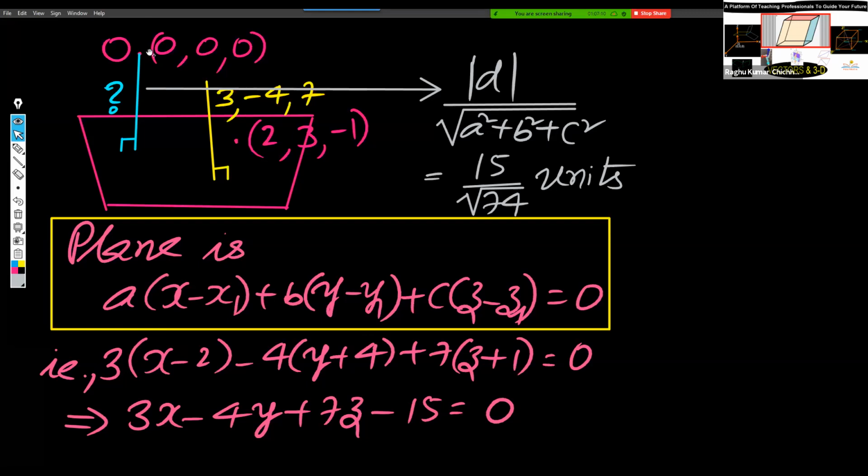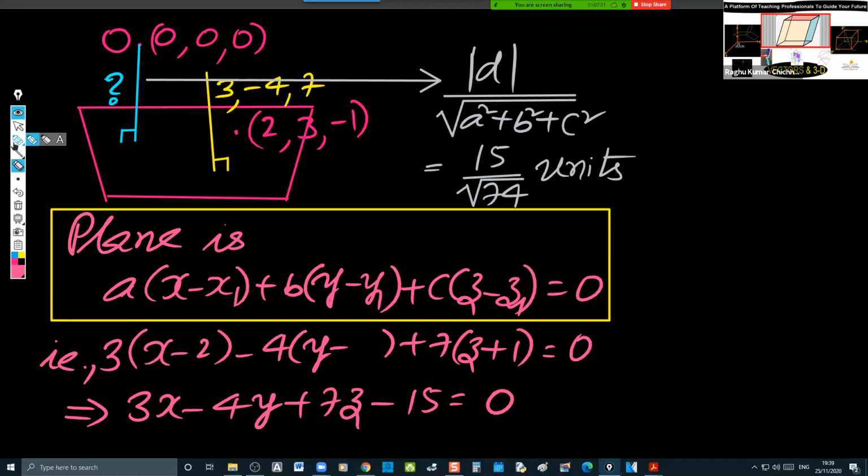That means entering the data may be wrong. X minus 2 minus 4 into y. This we wrote wrong. This is y minus 3 because this is the point. And z plus 1 is correct.